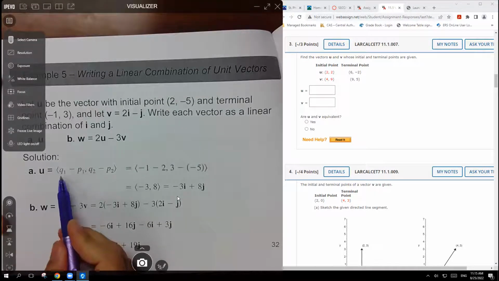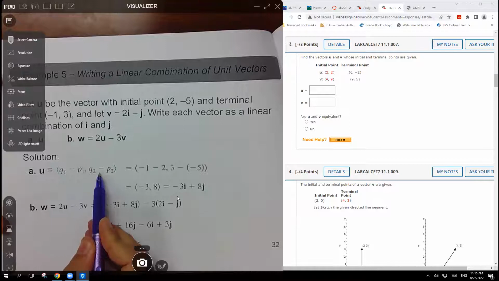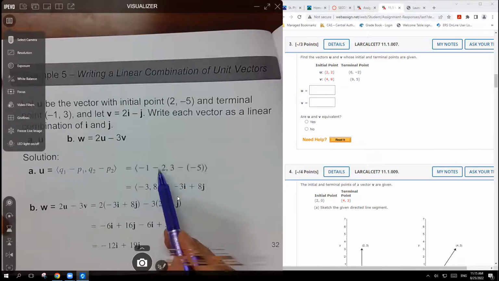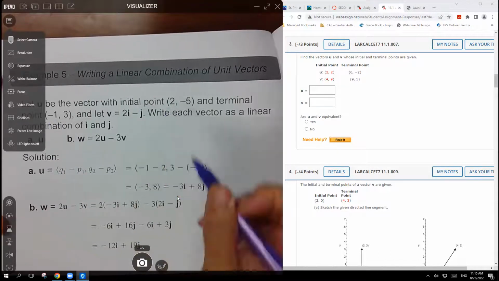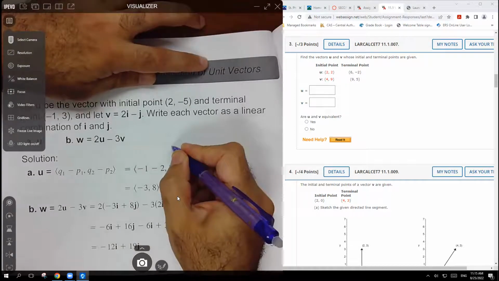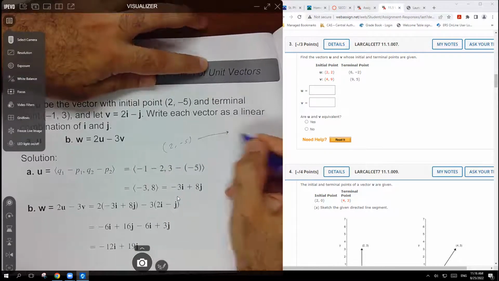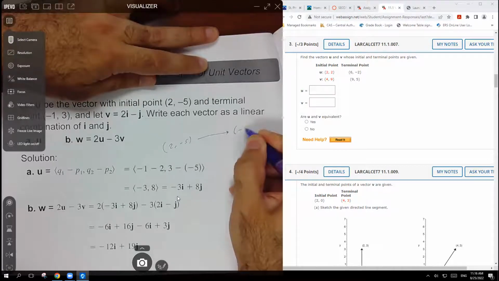So U is going to be Q1 minus P1, Q2 minus P2. That means it's going to be -1 minus 2, because this is the initial. That means for U, the initial point is (2, -5) and the terminal point is (-1, 3).